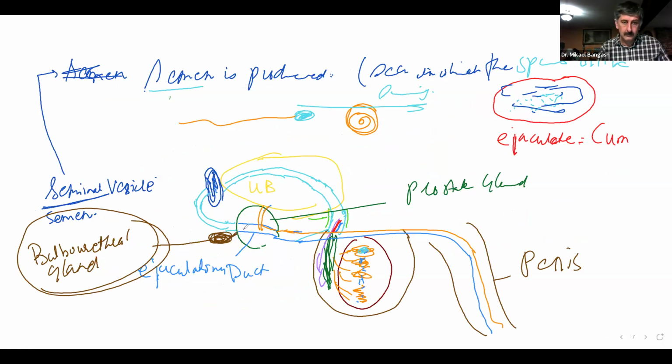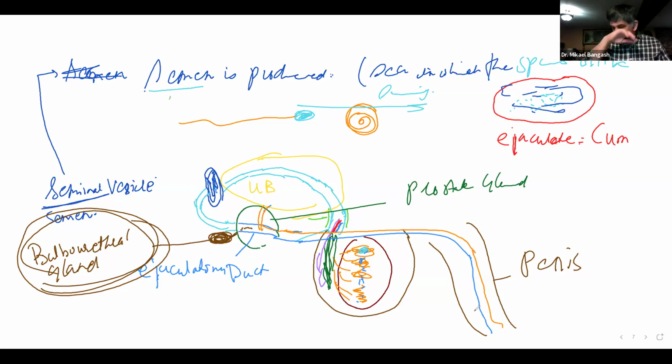So here, it's going to just secrete the secretion, but the job of these secretions is primarily to work once that sperm is in the vagina because of the acidic environment of the vagina.